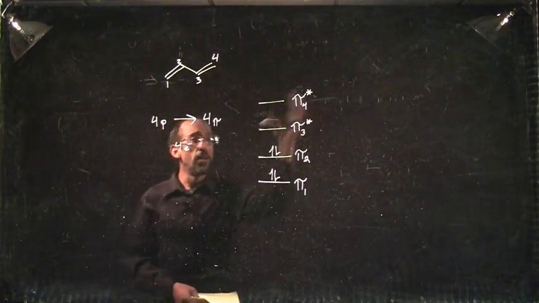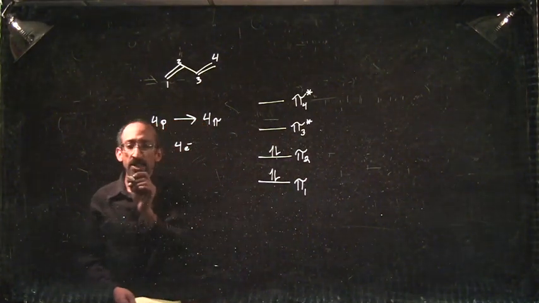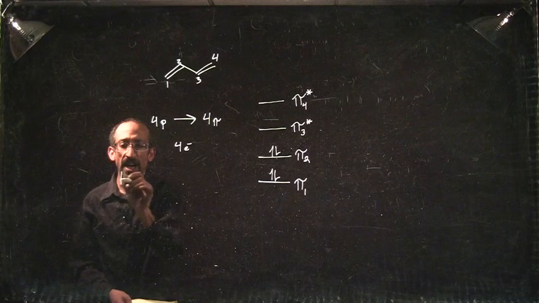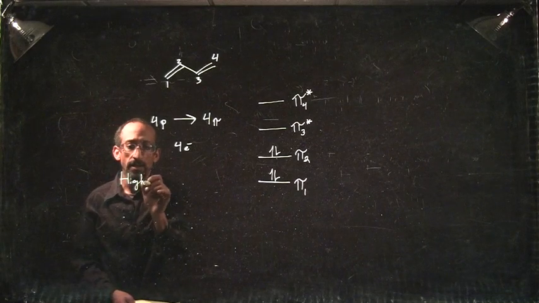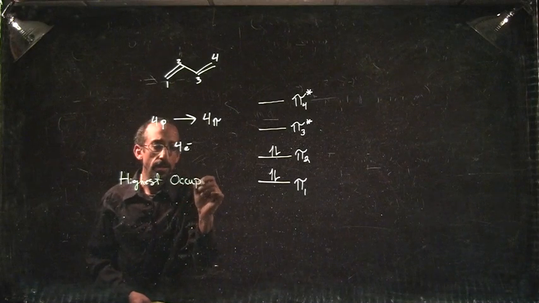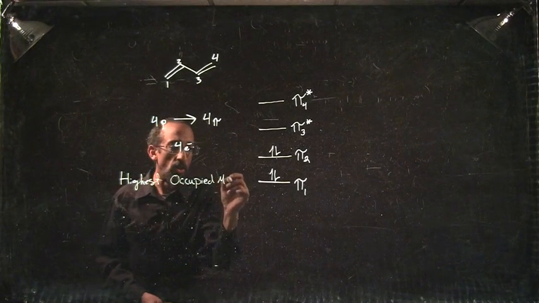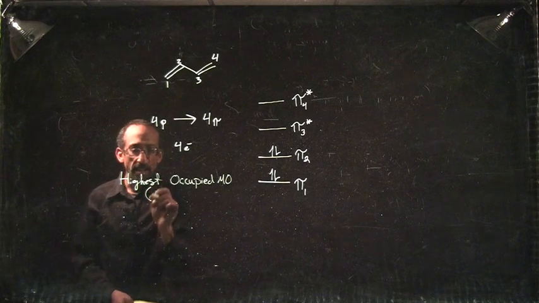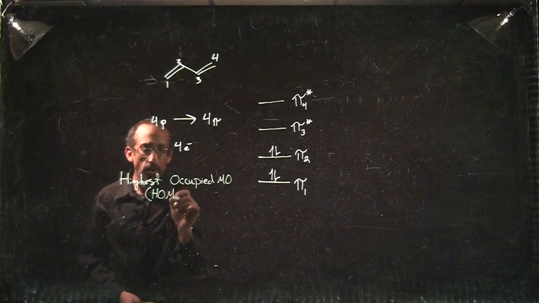From there, we can also begin to define 2 of these orbitals in a special way. When we're dealing with these pi systems, we're very interested in knowing which one is the highest occupied molecular orbital, abbreviated HOMO.